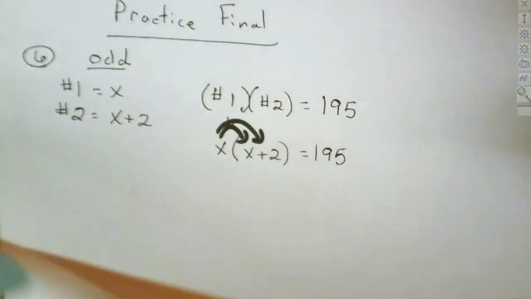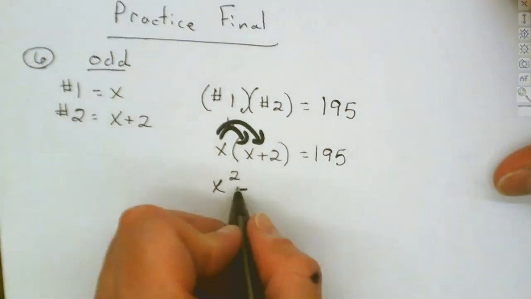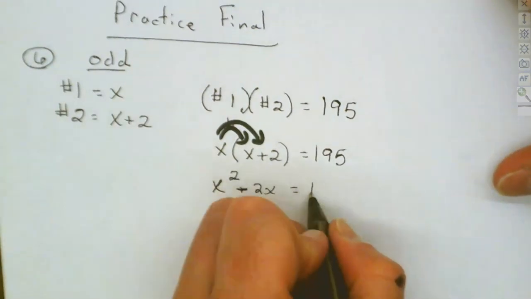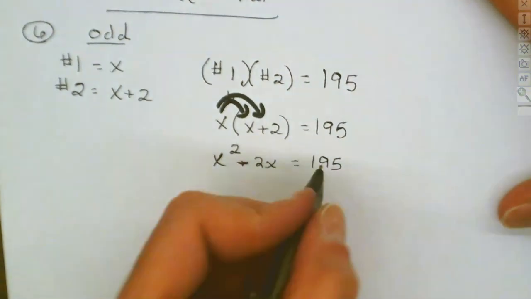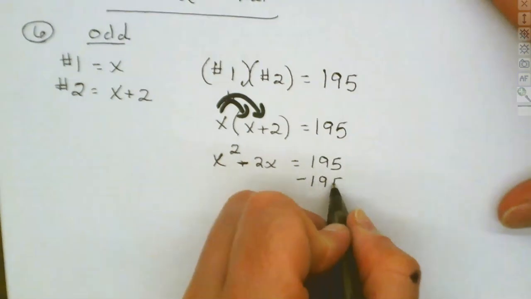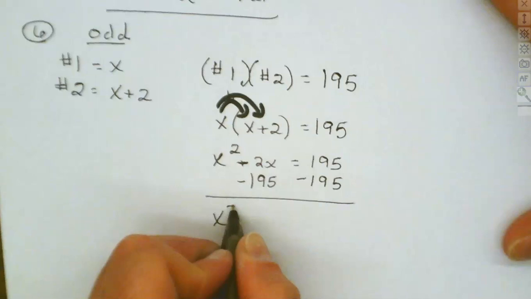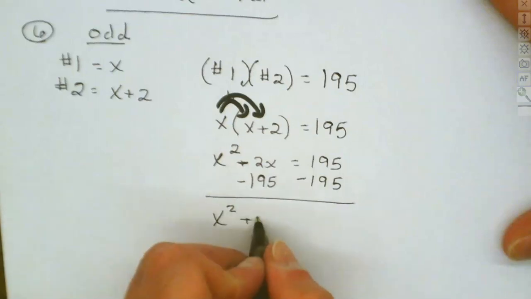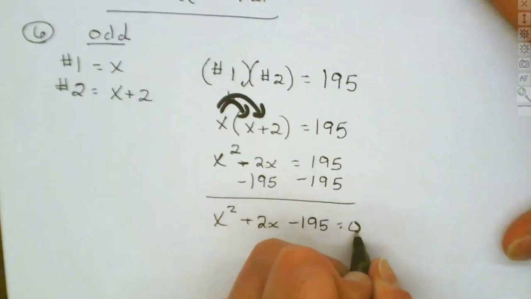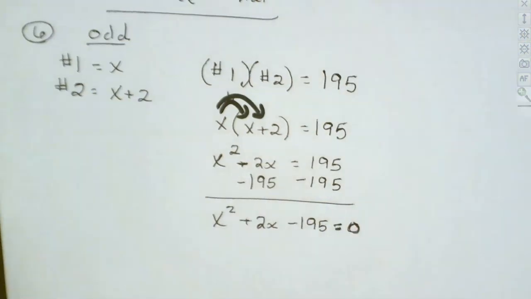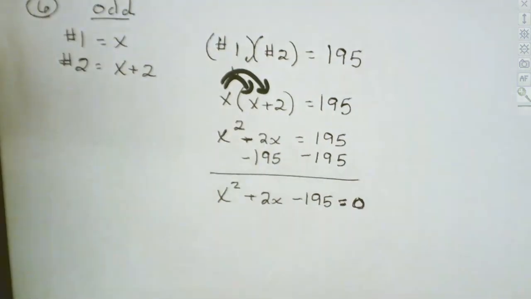So distribute that x through, and that's going to be x squared plus 2x equals that 195. We'll move that 195 over. Now we've got x squared plus 2x minus 195 equals 0. And remember how we would solve these. It's equal to 0, right?